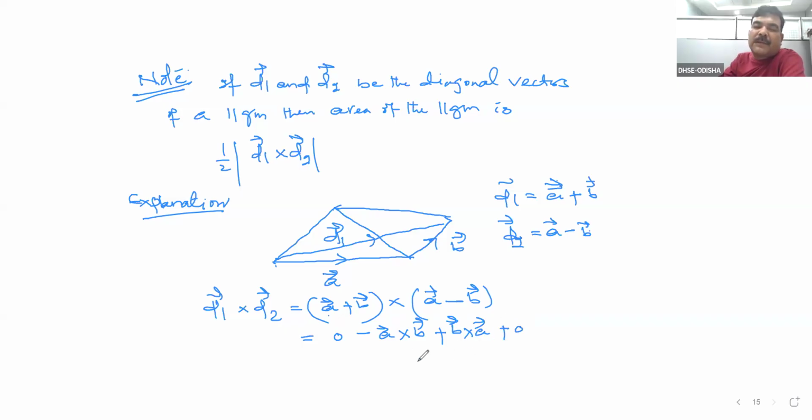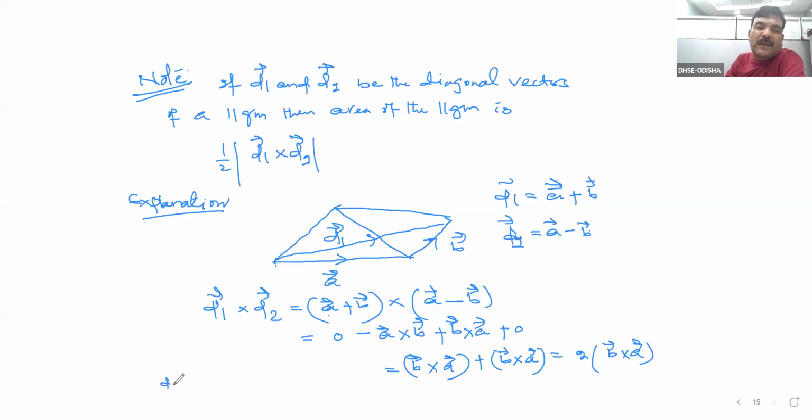So minus of A cross B is B cross A. This is equal to B cross A plus B cross A, which is twice B cross A.